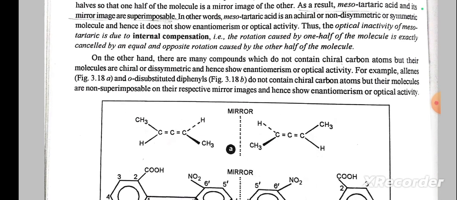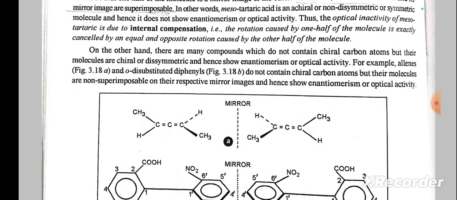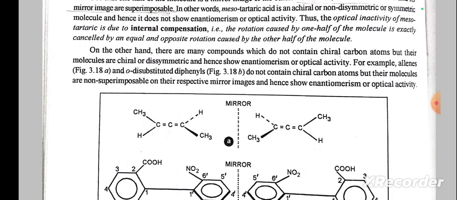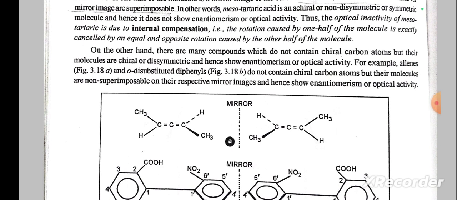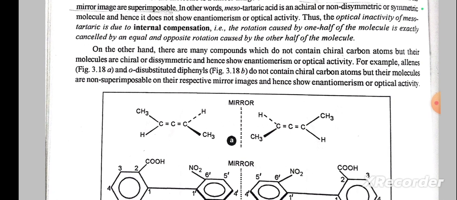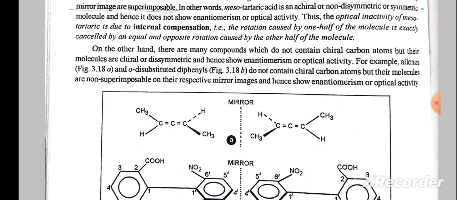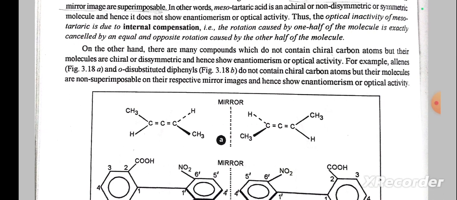Hence, it does not show enantiomerism or optical activity. Thus, the optical inactivity of meso-tartaric acid is due to internal compensation. The rotation caused by one half of the molecule is exactly cancelled by an equal and opposite rotation caused by the other half of the molecule.